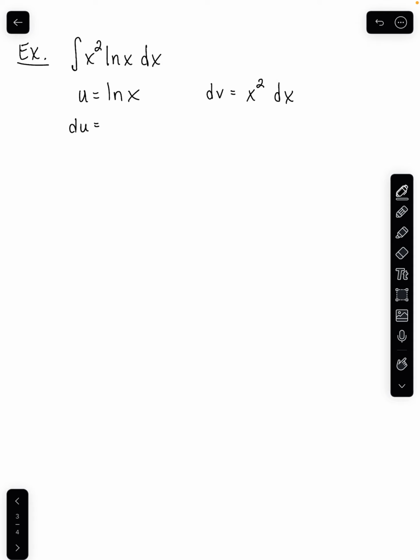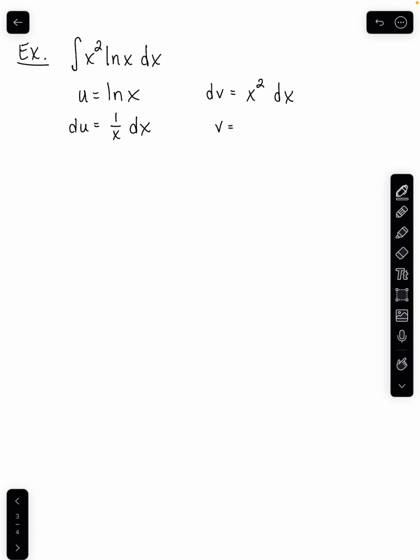Like with integration by substitution, if we know we're always going to have to move the dx to the other side, we can just do that automatically without an extra step. The derivative of the natural log of x is 1 over x, and then we move the dx to the right side.